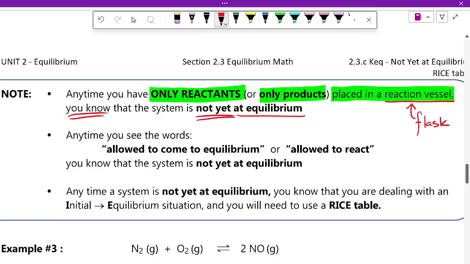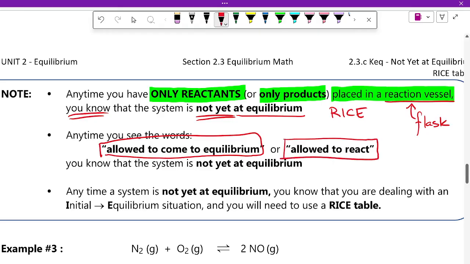And if it's not at equilibrium, what should you be using? RICE. So anytime you have something placed in the container, you're like, RICE. Anytime you see the words allowed to come to equilibrium, or even if the word equilibrium isn't mentioned, allowed to react, that also tells you that you are not yet at equilibrium and that you are going to use RICE.